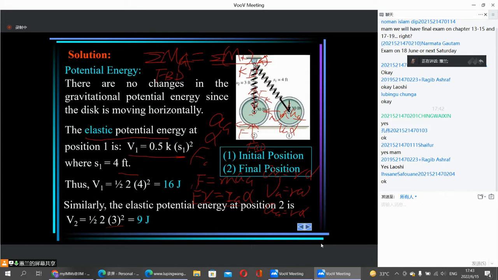Also, we have sigma M_G equal to I_G alpha, or sigma M about any point, for example, sigma M_IC equal to sigma (M_k)_IC. So when you calculate sigma M_IC, it should be the moment about the instantaneous center.